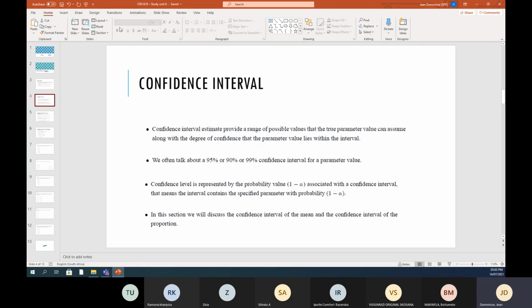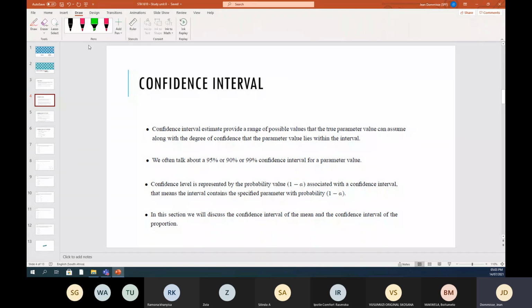So when we look at confidence intervals, you always have a lower estimate and an upper estimate. We're always working with 2 points, and that's why we're always working with a two-tail.